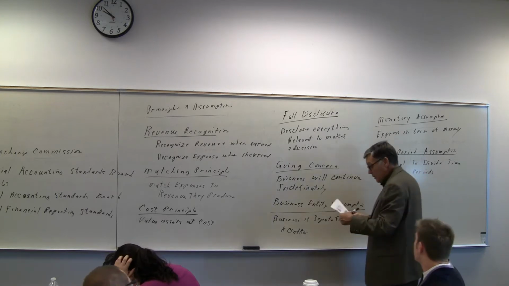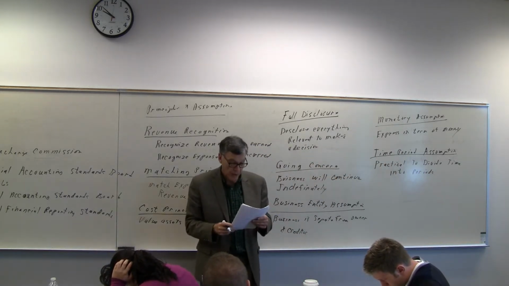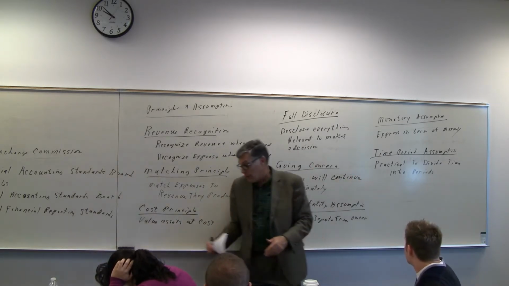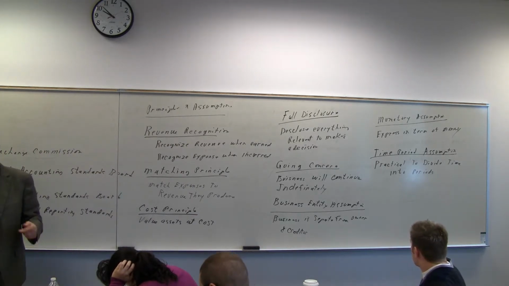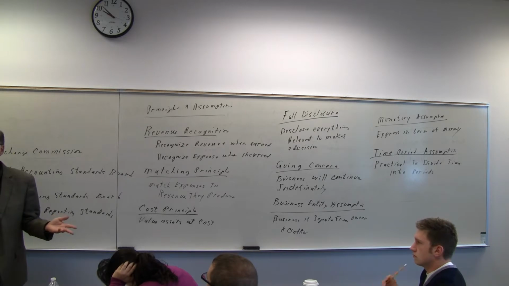Now, some of our time periods exist in nature. I think a year probably does because it's the amount of time the Earth goes around the sun. However, a month, a week, they're artificial. We made it up.